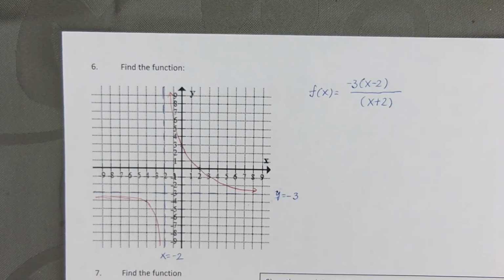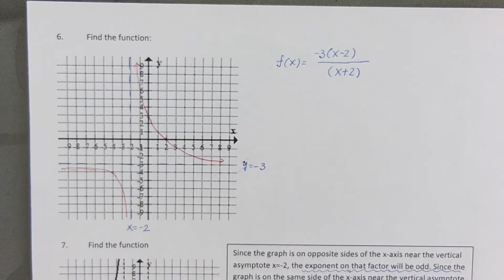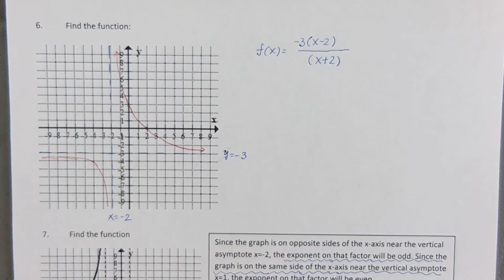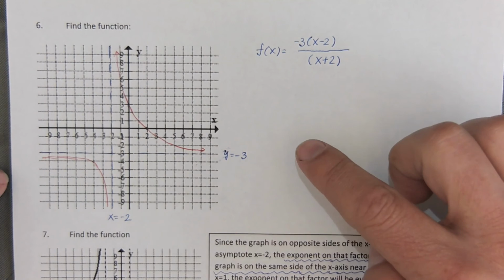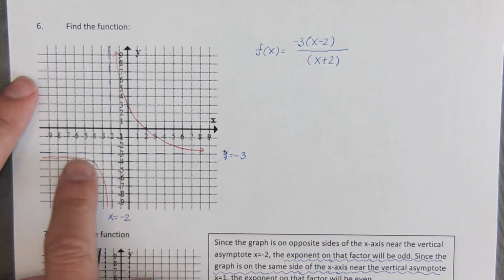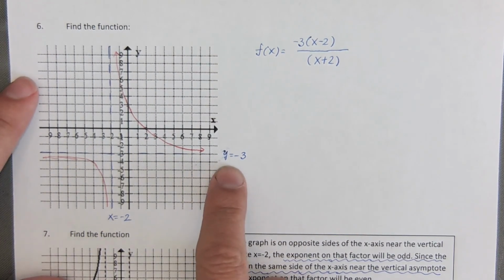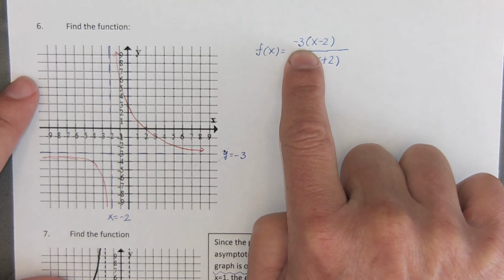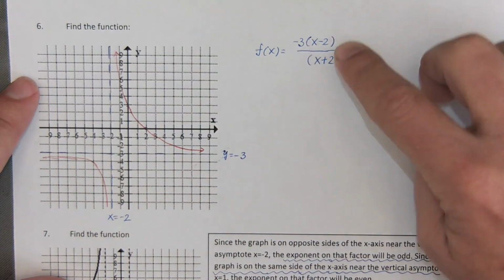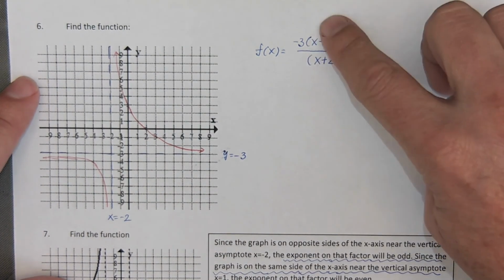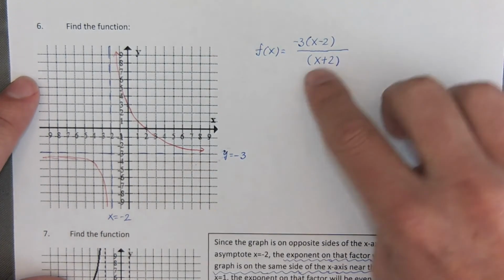Last page. So we are going to find the function based on the graph. So I can see we have a horizontal asymptote here at y equals -3. So there's my -3. This also means that the degree is going to be the same because the -3 means that I have a horizontal asymptote.